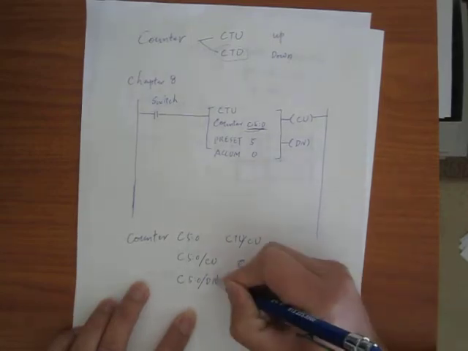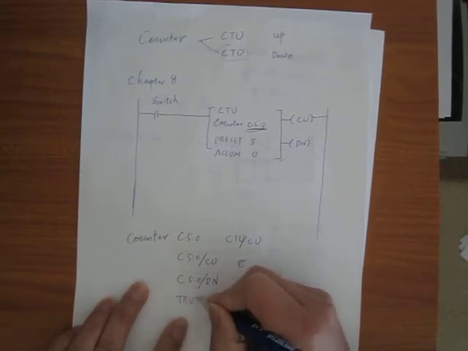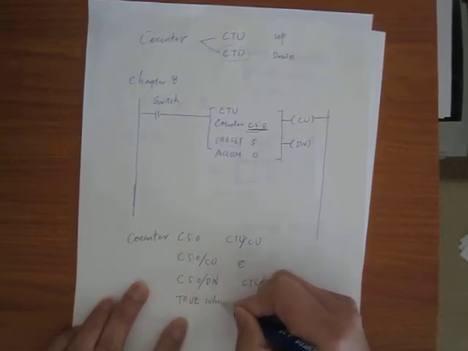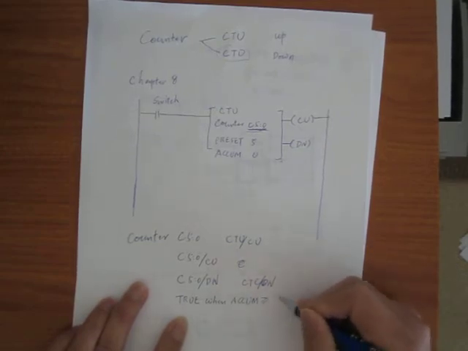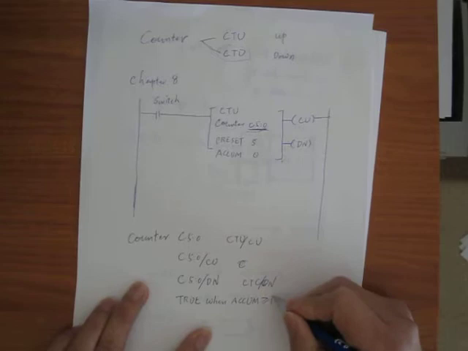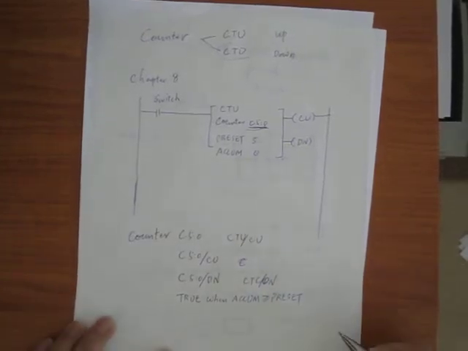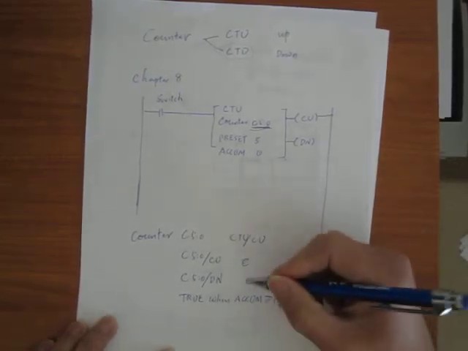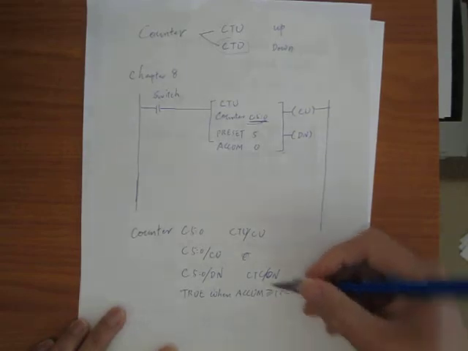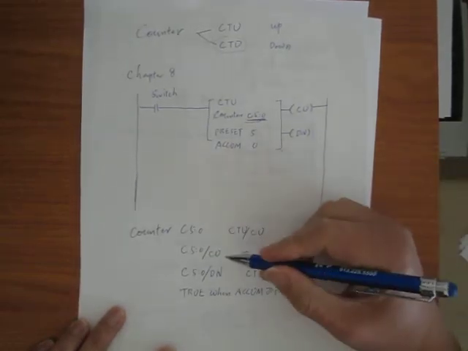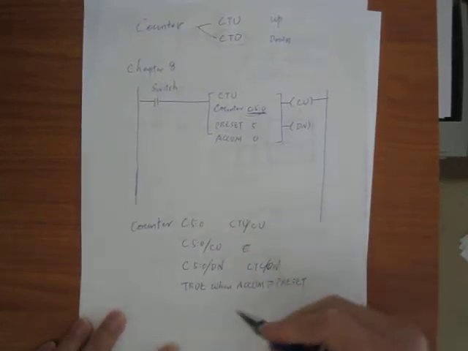This one is true, or 1, when accum is equal to or more than preset. It's false when the accum is less than that. So that's the DN over there. We're going to talk a little bit more about this accum in just a second.